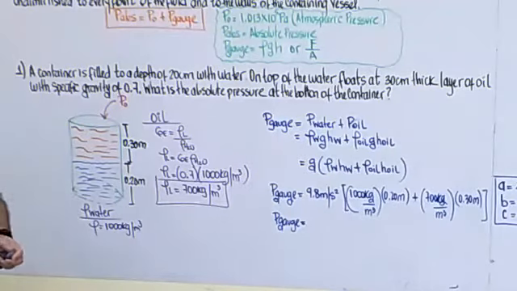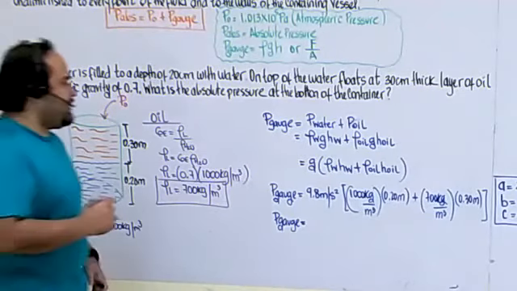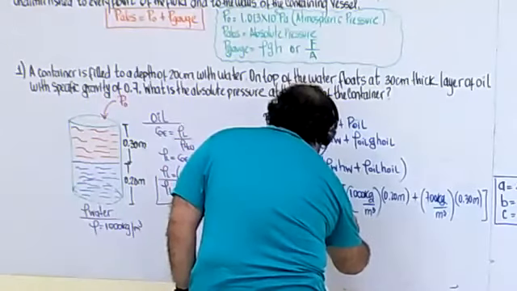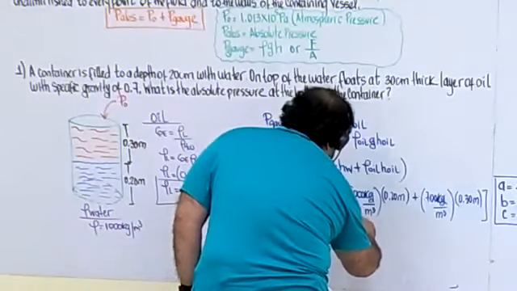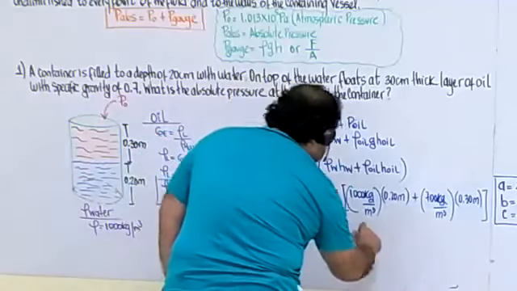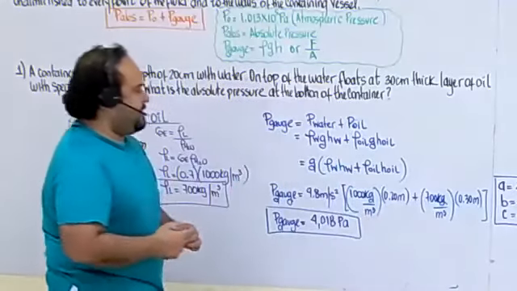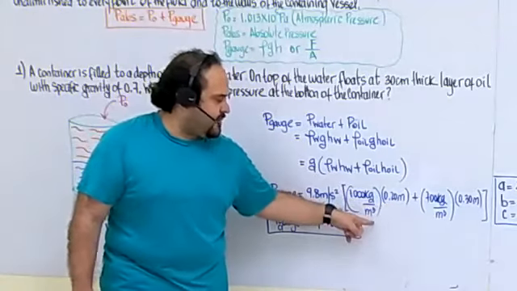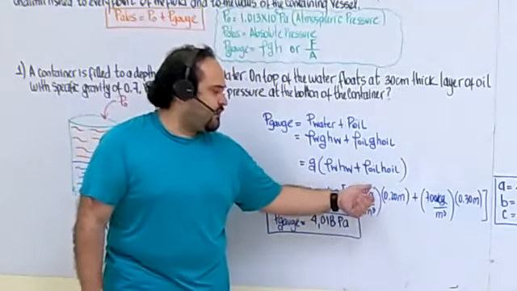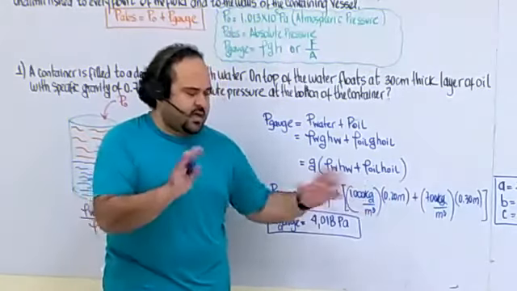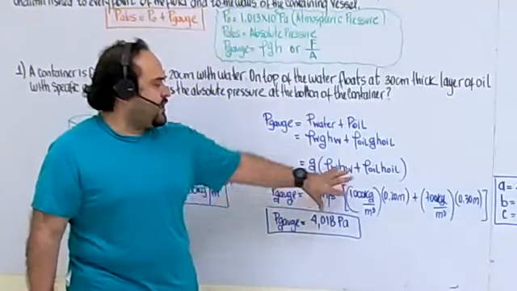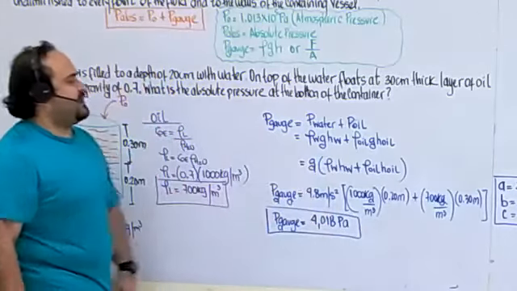For that reason, the gauge pressure will be 4,018 pascals. Remember, we have kilograms per square meter because meters with cubic meters cancel. We have kilograms per meter squared multiplied by meters per second squared, which is a Newton. Newton over meter squared is Pascal.